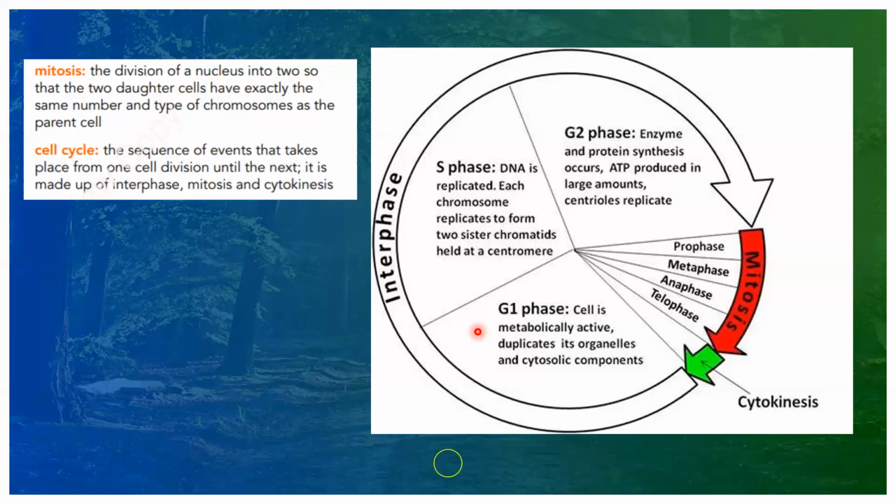Even if you stitch that leg back, put on prosthetics, whatever you do, your same neurons cannot grow back, which means those neurons never replicated their DNA. They never had that ability. They were never doing their S phase, their G2 phase, their mitosis phase. They were always in their G1 phase, which tells us that some cells will always be in their G1 phase.